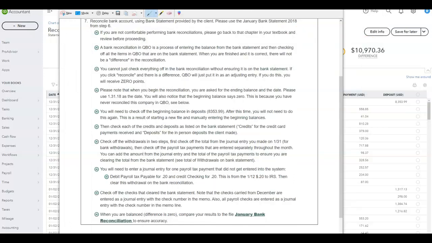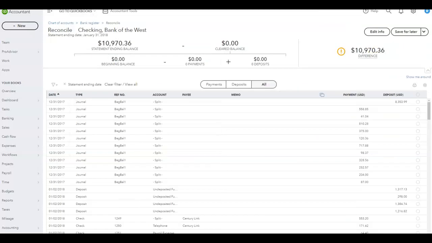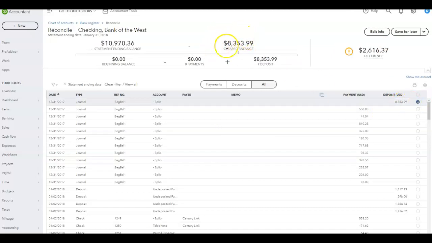This is the reason that we entered the beginning balances in journal entries, so that we could preserve this reconciliation function. So we're going to check off this 8353.99. That's our beginning balance.